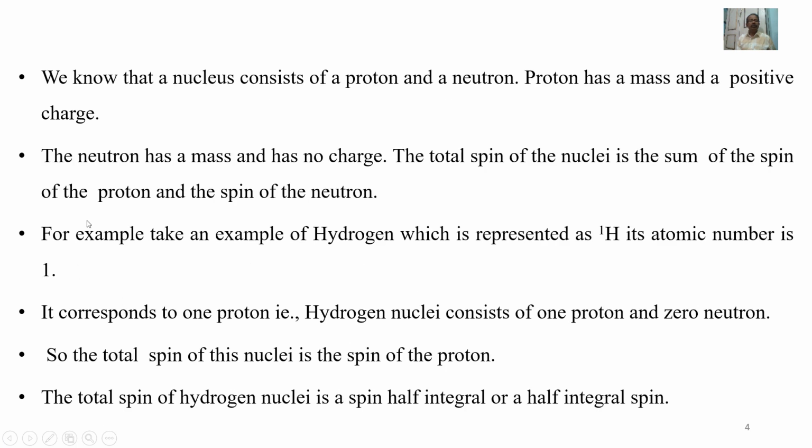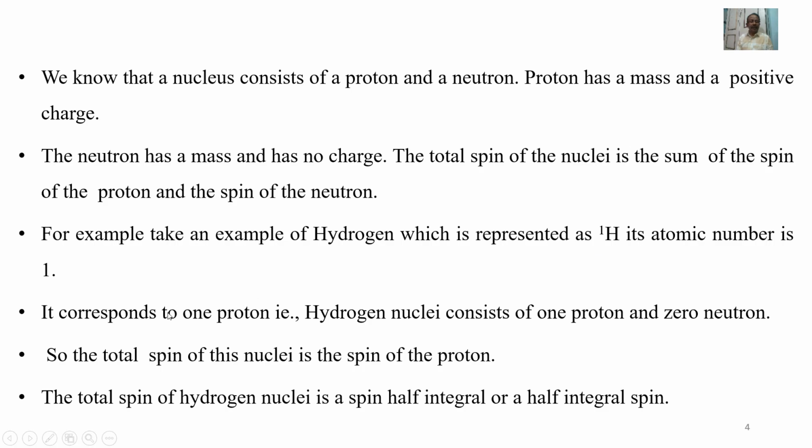We know that a nucleus consists of a proton and a neutron. Proton has a mass and a positive charge. The neutron has a mass and has no charge. The total spin of the nuclei is the sum of the spin of the proton and the spin of the neutron. For example, take hydrogen, which is represented as 1H. Its atomic number is 1.